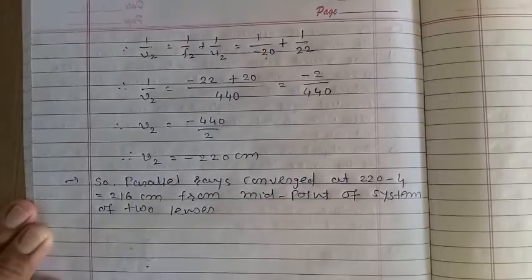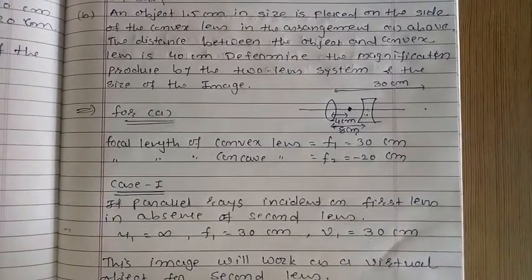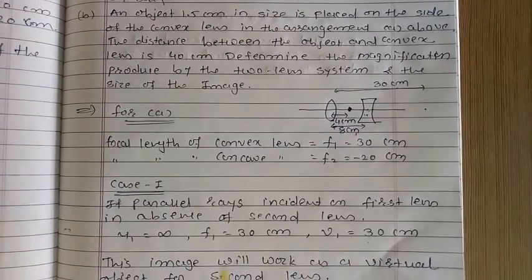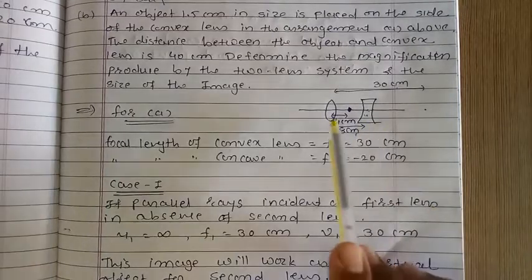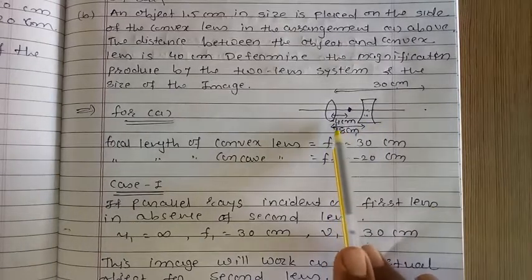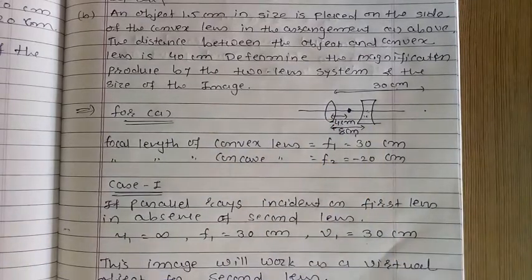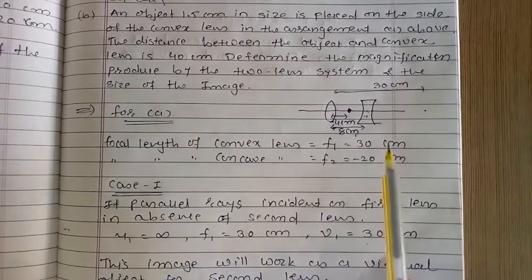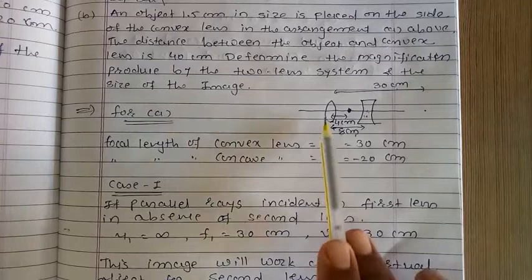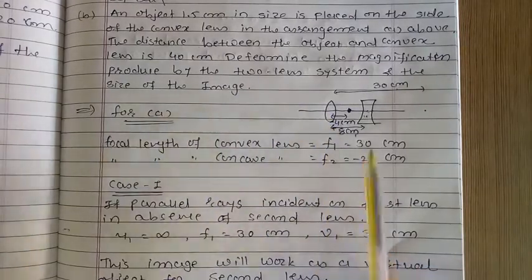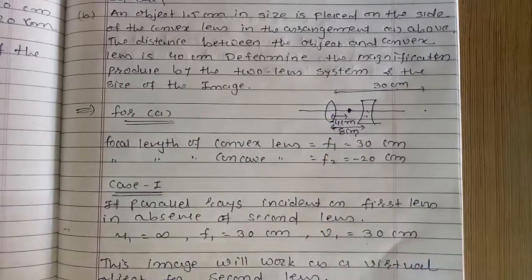Okay, now see here friends, in the first case we arranged the combination of lenses like this, first convex and second concave. Now we change the position and arrange it so that the first lens is concave and the second is convex. This is our case 2.